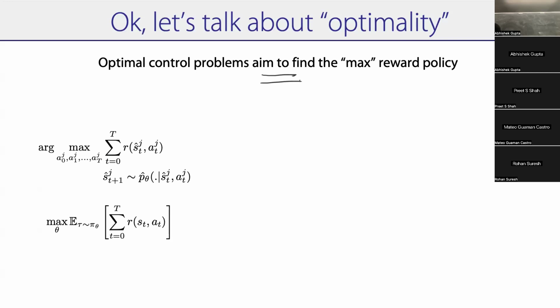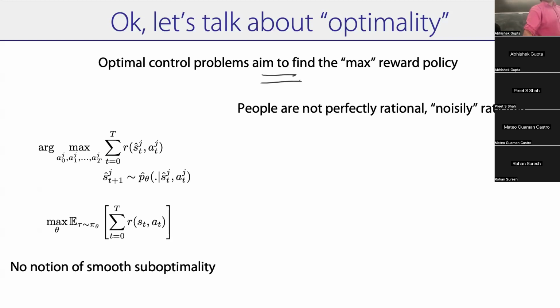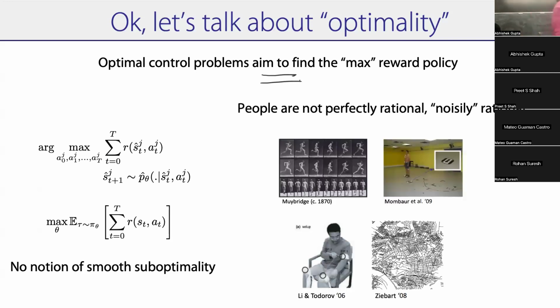Human behavior is rarely optimal, right? So that suggests lots of real domains, like human motion capture, navigation in the city, muscular movement, are not really optimal in the reward maximization sense. They're close to optimal, and we'll talk about what that means, but people tend to make mistakes, right?